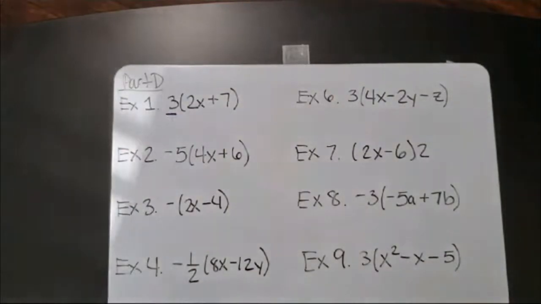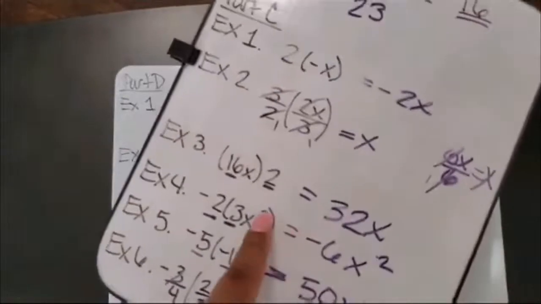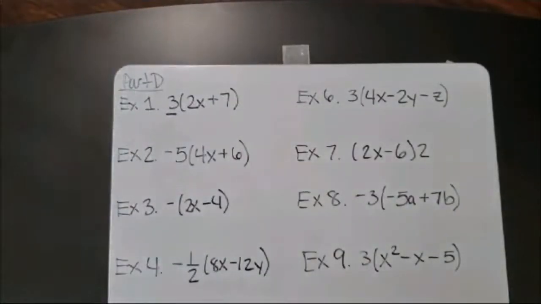The same way in part C, we took those numbers and multiplied it by one term. Now we're going to take those numbers and multiply it by several terms, okay?